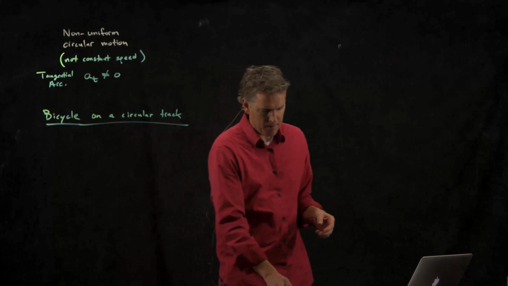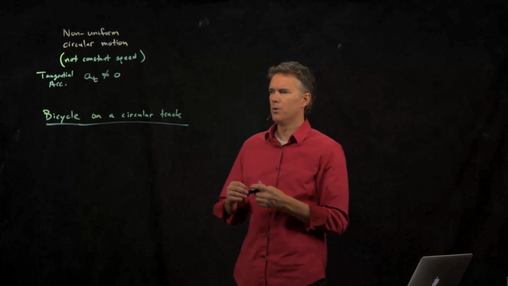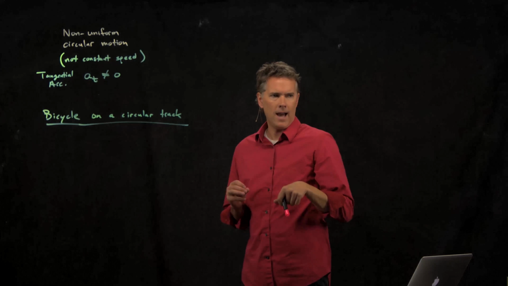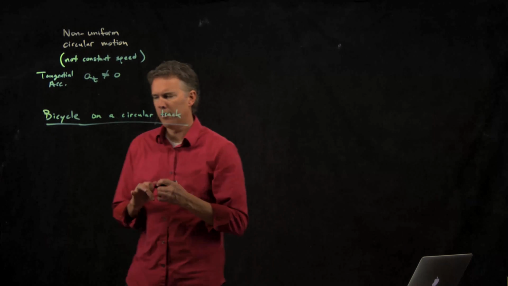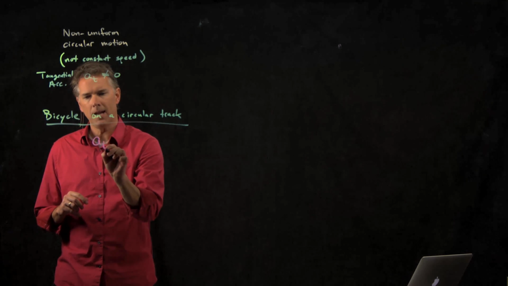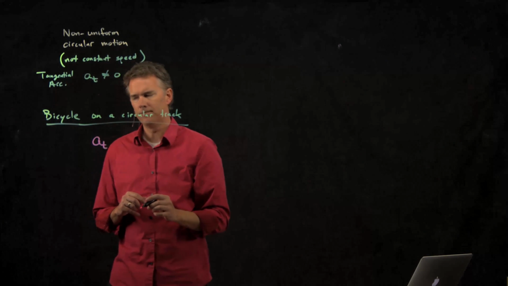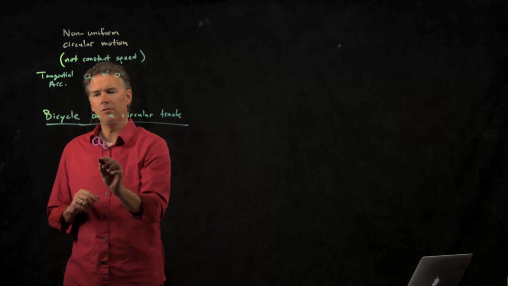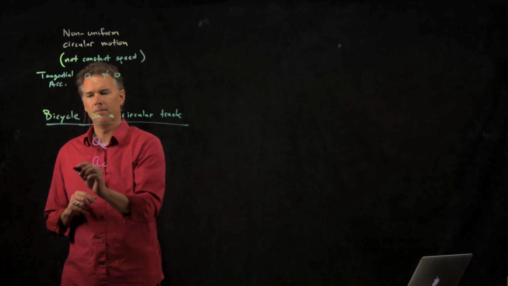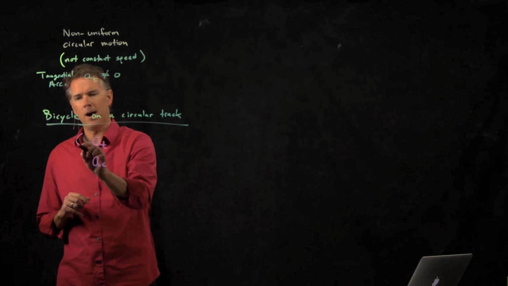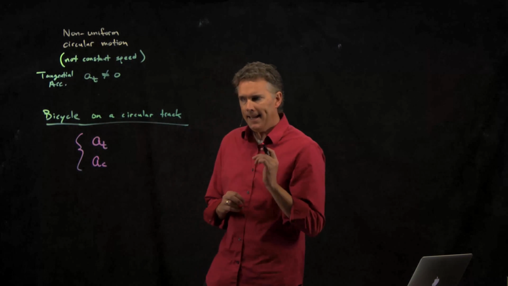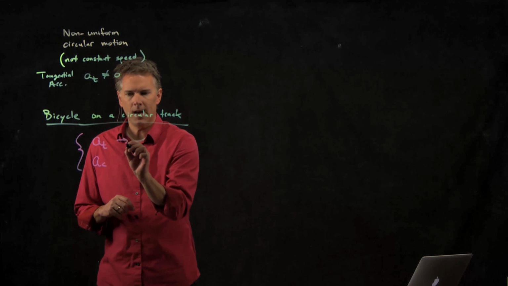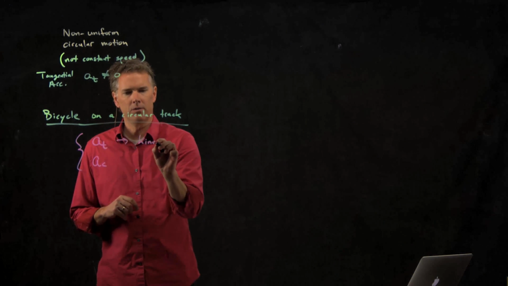And in that problem, they told you a little bit about how far around they went in some amount of time. And so there is some a sub t as they go around, but there is also some a sub c. And we have to worry about both of those things. a sub t you can get from the kinematic equations.